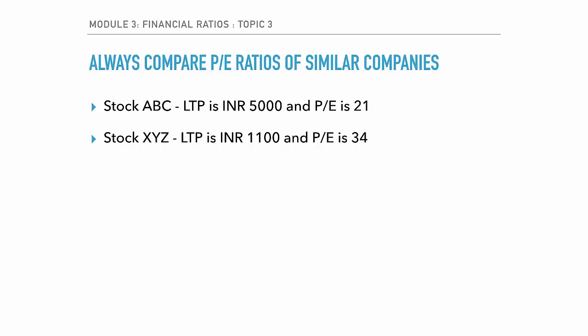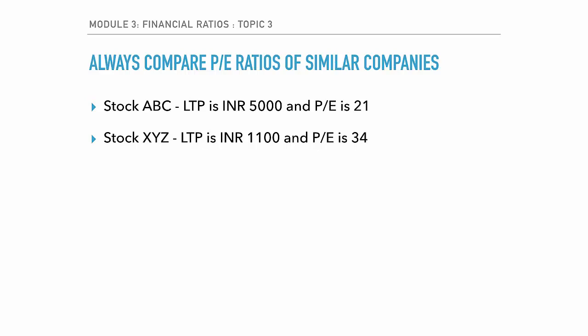Most of you will choose the stock XYZ because it has a higher PE ratio. Now remember what I told you about comparing stocks with their peers. We'll consider ABC and XYZ are peer companies. In that case, if I look at the stock XYZ, I am investing 34 rupees to get 1 rupee of earning.